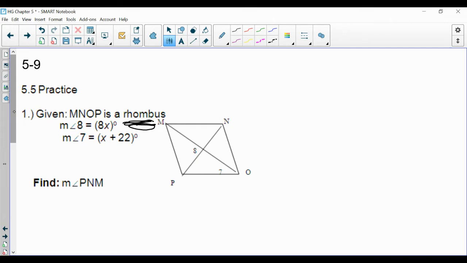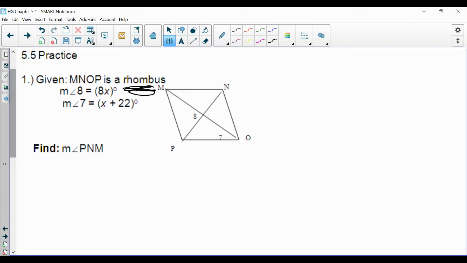All right, cool. So we're told this is a rhombus, and then we're told angle 8 and angle 7. Since we're given diagonals here, that's really helpful because we know the diagonals of a rhombus perpendicularly bisect each other, which means those are all right angles, which means I can say 8x equals 90.